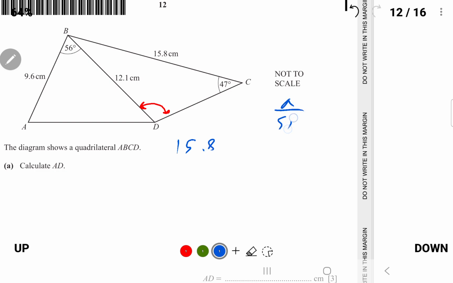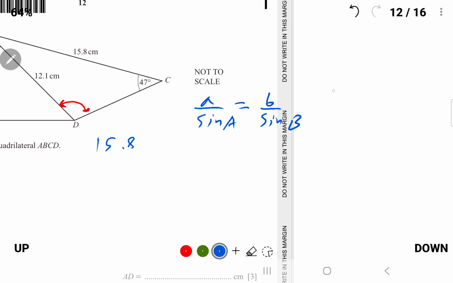A over sine A is equal to B over sine B. What does this rule mean? This means you have to divide side by sine of the angle opposite to it, equal to another side by sine of the angle opposite to it.